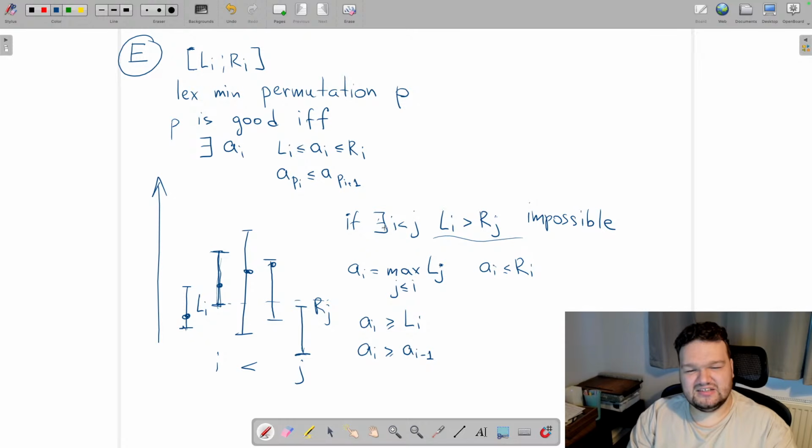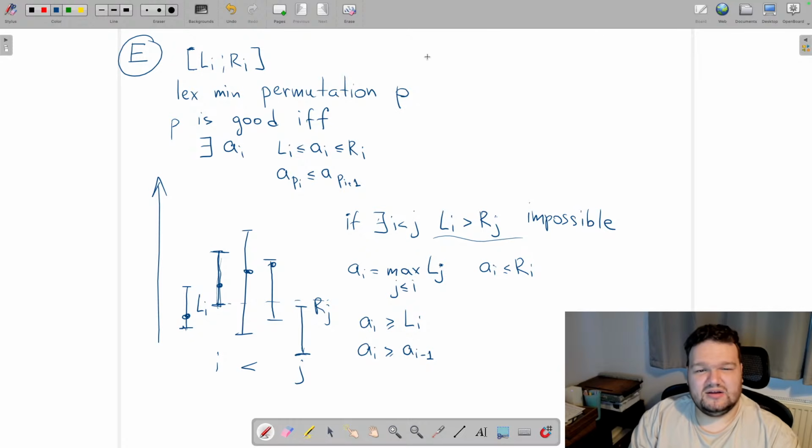And then we need to check if there exists j such that this happens, but this j can be of any segment that is still not placed, which is, well, right now all of them. Later it will be some set of segments that we haven't placed yet. And that means that to check this condition, we just need to look at the minimum value of R among the still available segments. And we can only place some segment if its L is not greater than the minimum value.